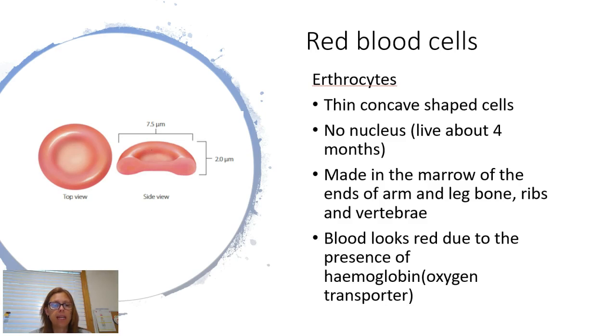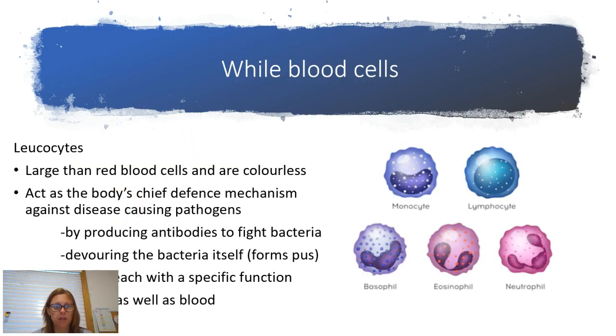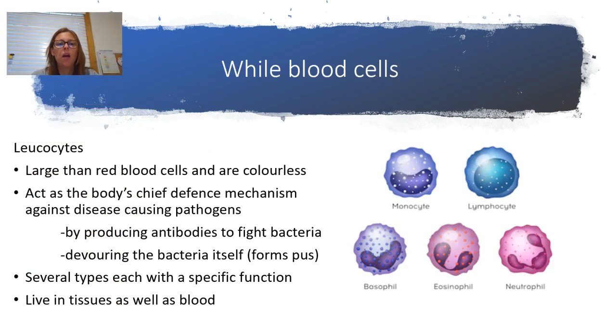So looking then at white blood cells, and I think I'm going to be in the way here. I'm going to move up here. They're called leukocytes. Now, there's a whole range, and you can see there's 5 different sorts on the right-hand side there. They're larger than red blood cells and are colorless. Now, they're one of the major defense mechanisms against pathogens that might enter our body. So they might produce antibodies to fight bacteria.